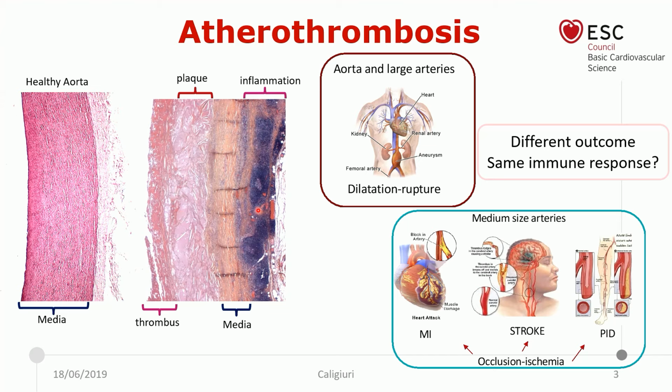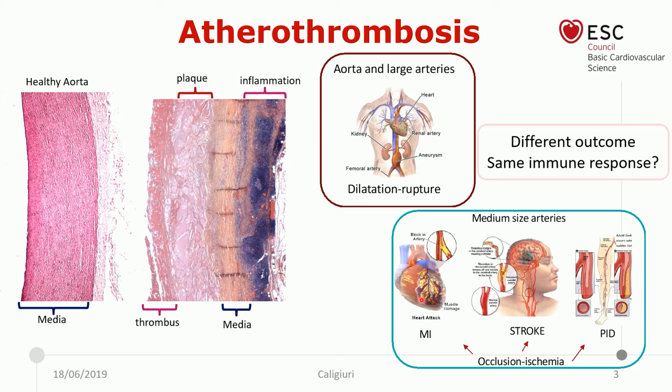And here what you see is that these inflammatory cells, these immune cells, aggregate, form some structures which look like well structured. And we can observe this type of formation either in large arteries that have undergone complication, like dissection, or in medium-sized arteries that mainly undergo occlusive complication.